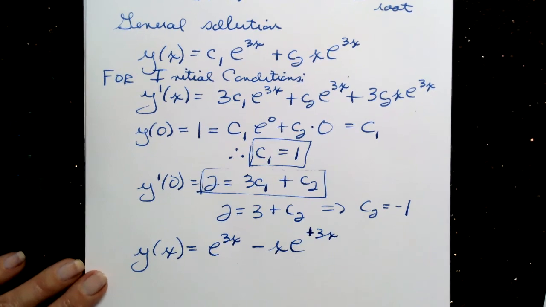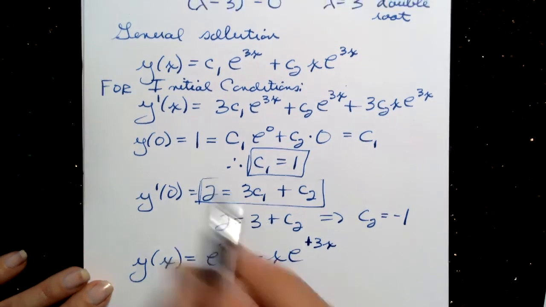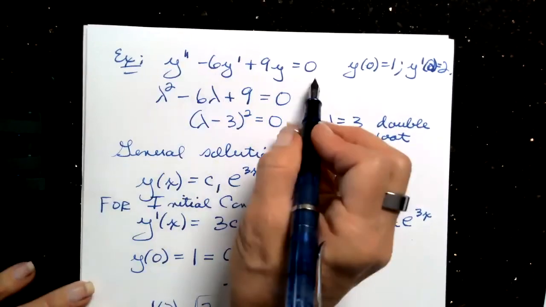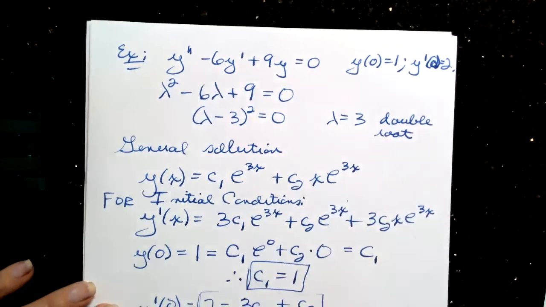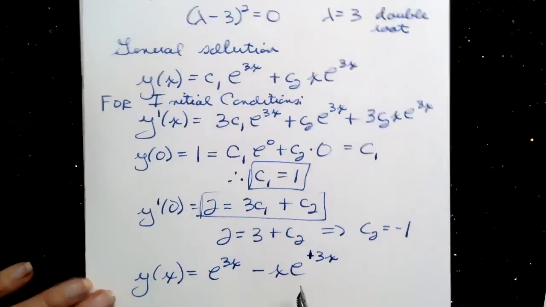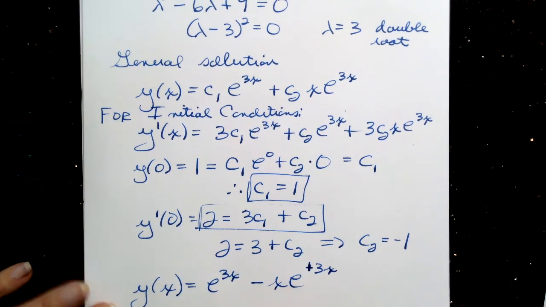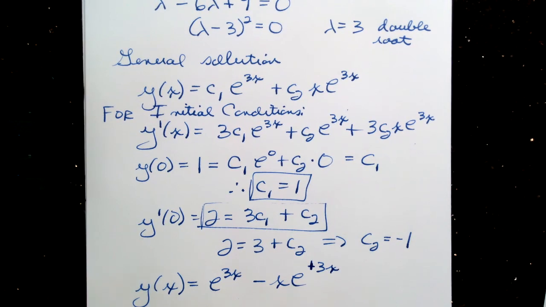And that's easy to verify as the exact solution to this differential equation, and it satisfies these two initial conditions. Okay, so that's all there is to the one double root case. But again, we built that from looking at the reduction of order case and knowing a little bit about linear independence and dependence, so we knew that we needed a second linearly independent solution. Okay, that's it for this lecture.